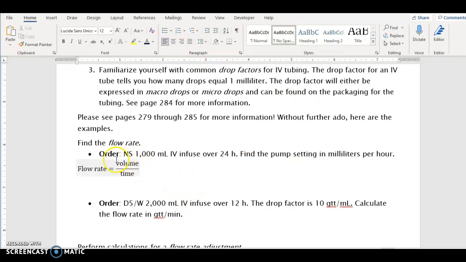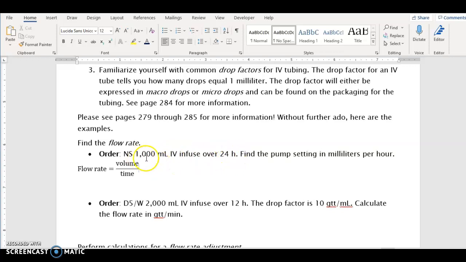All right, so the order reads: normal saline, 1000 milliliters IV, infuse over a 24-hour period. So we have the name of the solution that we're infusing, the amount of solution given in milliliters, the method or route of administration, which is through an IV, and then the period of time.